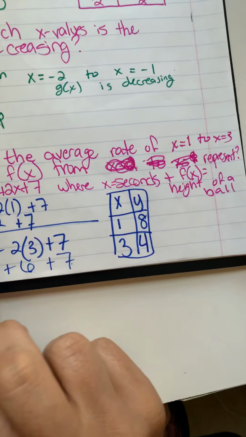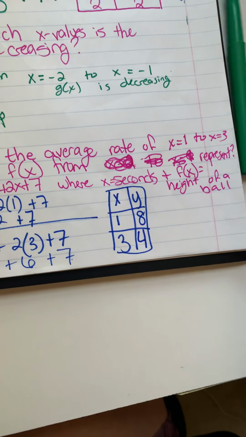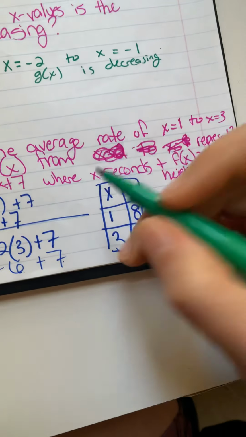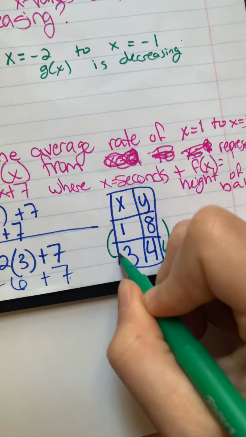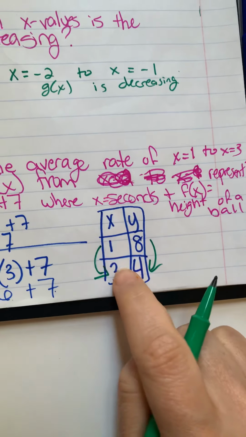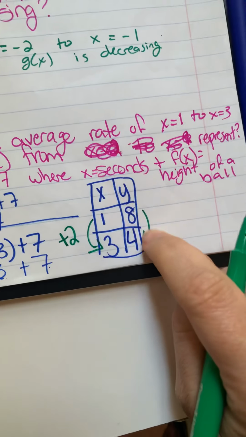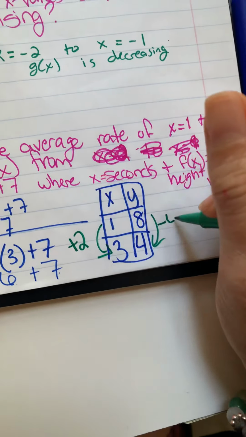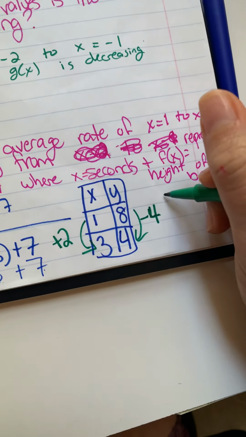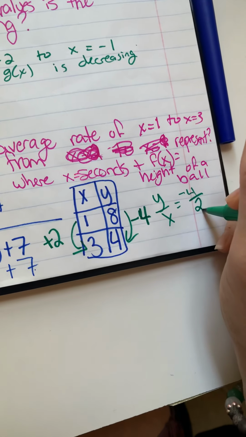So my average rate of change from f of x from x equals 1 to x equals 3. Now I can find what my rate of change is from these values. So x went from 1 to 3, so it's going up 2. And y went from 8 to 4, so it's going down 4. So y over x tells me -4 over 2.